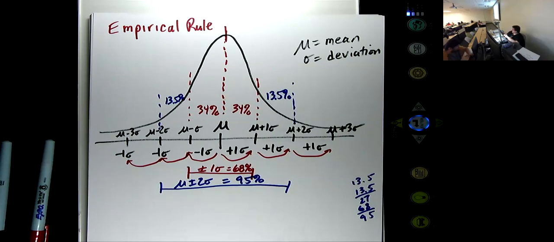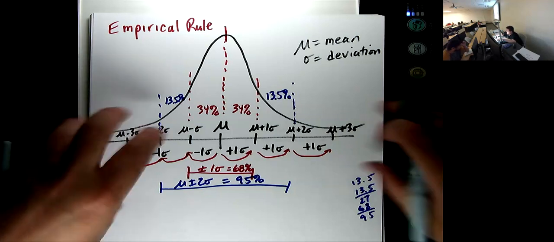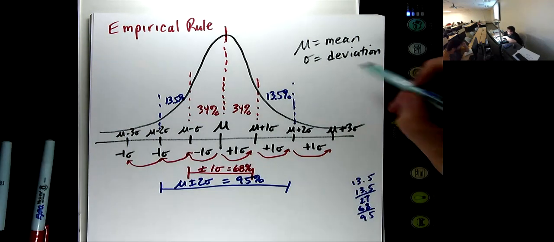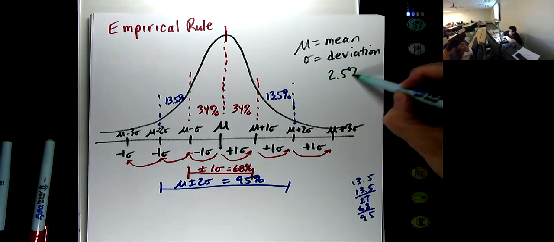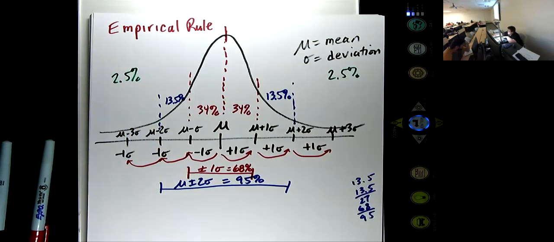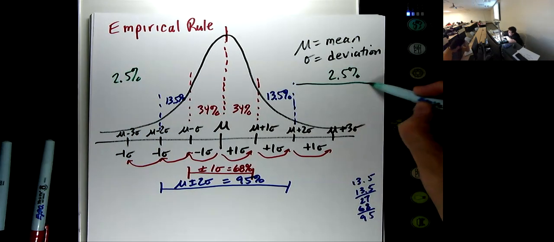Which means all the rest, the other 5%, is everything outside of it. Which means I've got 2.5% over here, half of 5%, 2.5% over here. We'll dig down a little bit more on what's in each section. But there's not a lot in there.